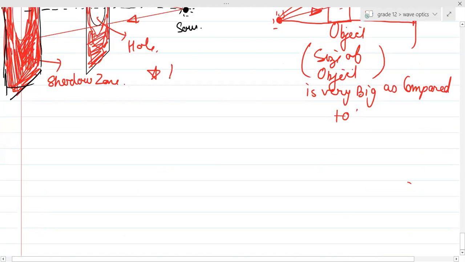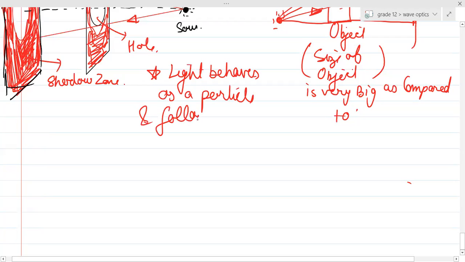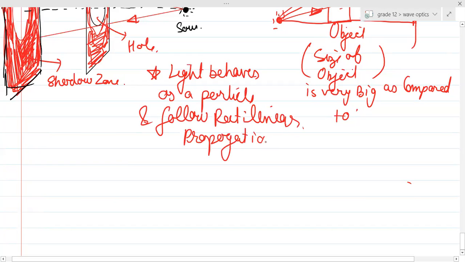Here light behaves as a particle and follows rectilinear propagation. So light will travel in a straight line, no bending, nothing, right? Is it clear, guys? Did you understand this much? So if the object is very big, then light will behave as a particle and it will follow rectilinear propagation.